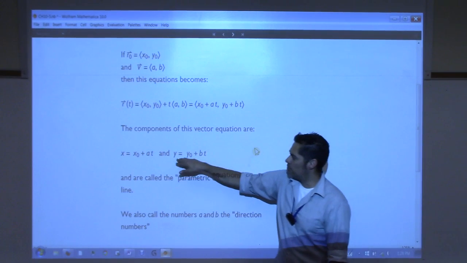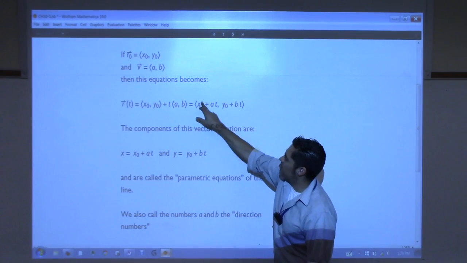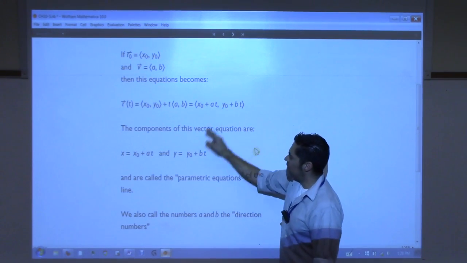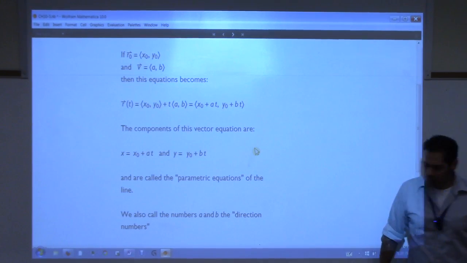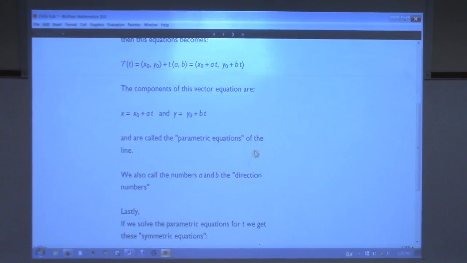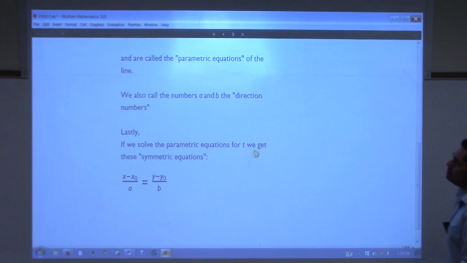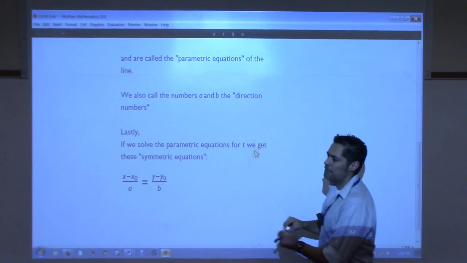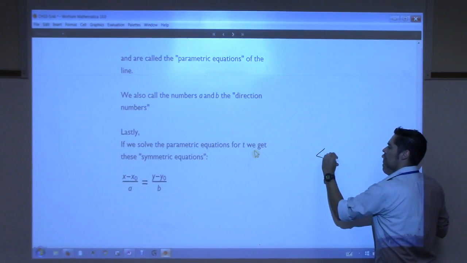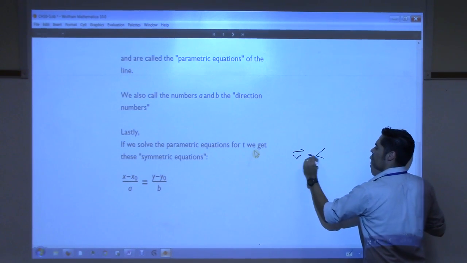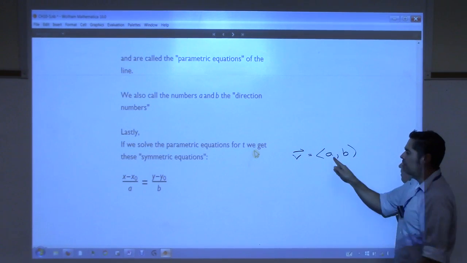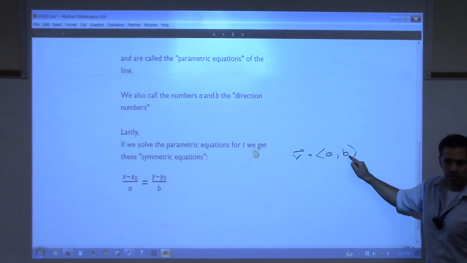So you're basically just taking that and setting it equal to x, taking that and setting it equal to y. We call the a and the b in that vector v the direction numbers of the line.